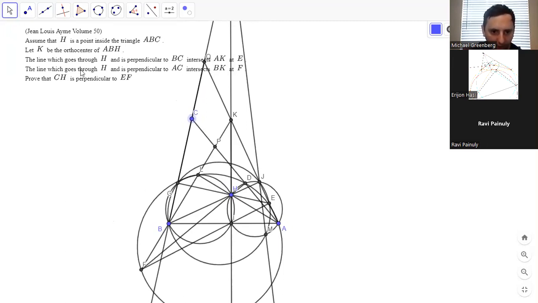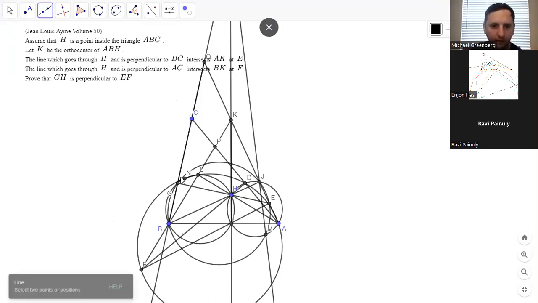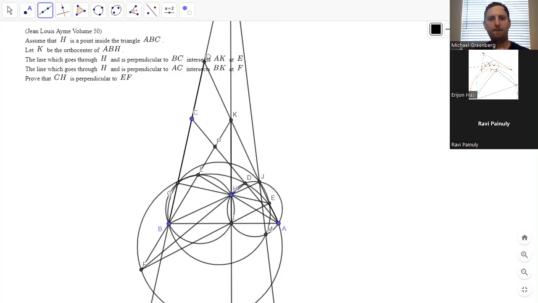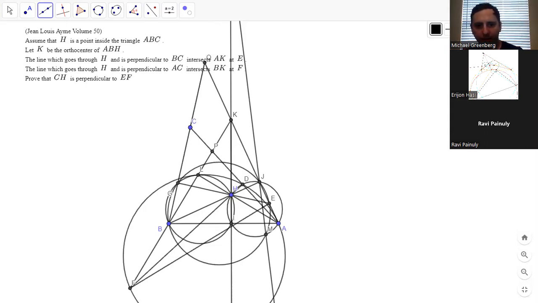So this is getting a little confusing, but if I draw that point NL, basically NL passes through this point, which lies on IH. But I don't know if any of this is actually helpful. I don't think this is going to be too helpful. So I'm going to erase some of the stuff.